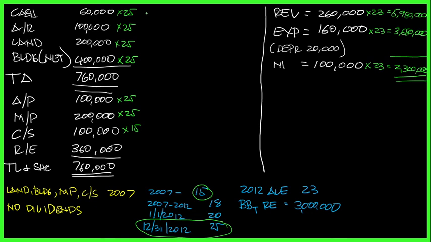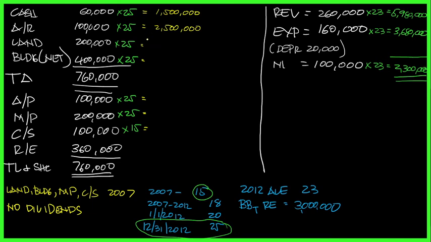Ayan. Naku, mabagal na yung laptop ko. So, 60,000 times 25, this one is 1,500,000. Okay? Now, what about your AR? 100,000 times 25, that's 2,500,000.